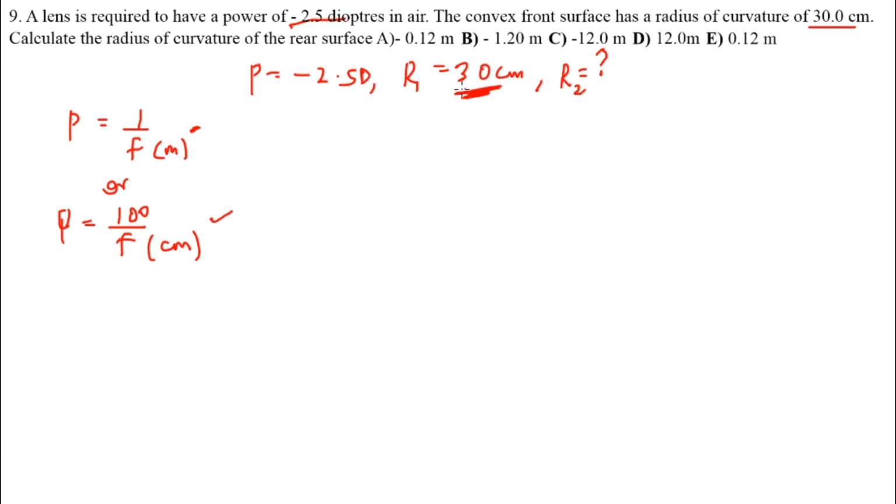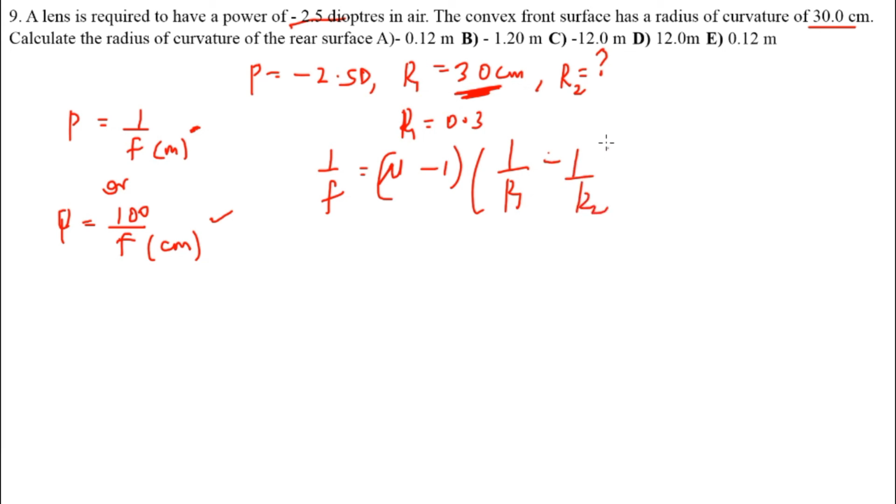So 30 divided by 100 is 0.3. So 1 over f equals the refractive index minus 1, times 1 over r1 minus 1 over r2.